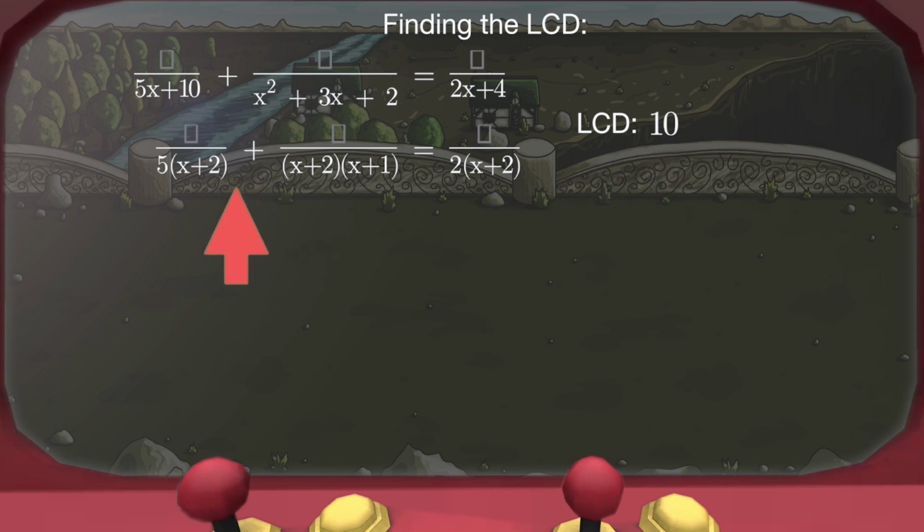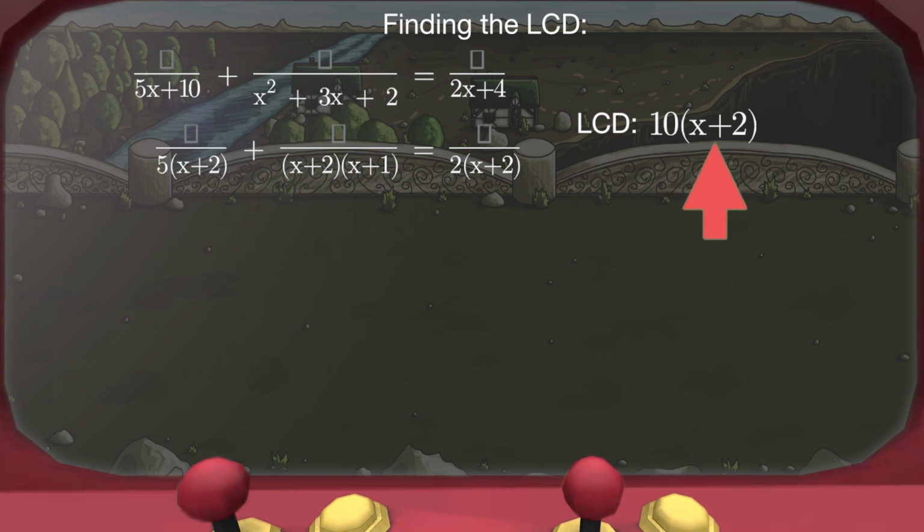Now, for variables and brackets, we work our way from left to right. And when you see one that is not in our LCD already, we have to put it into the LCD. So we start with this bracket, x plus 2. It's not in our lowest common divider yet, so I now include it here. Then we work our way to the right. There's an x plus 2.